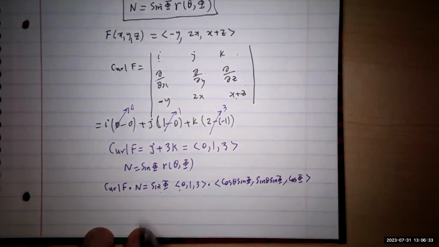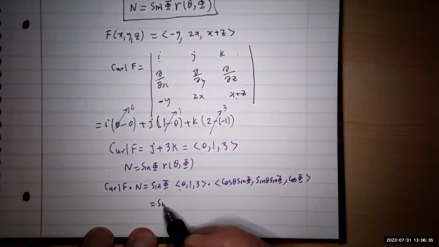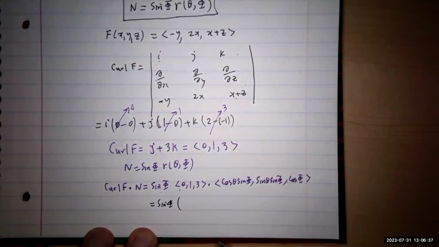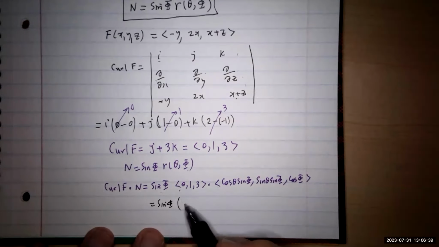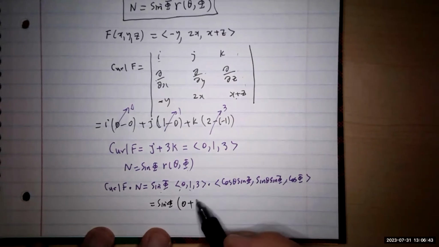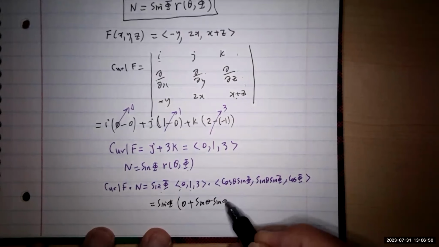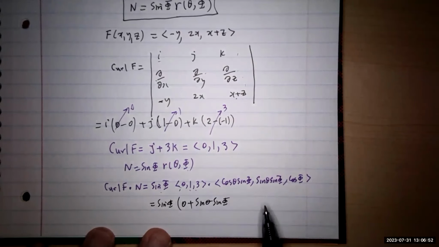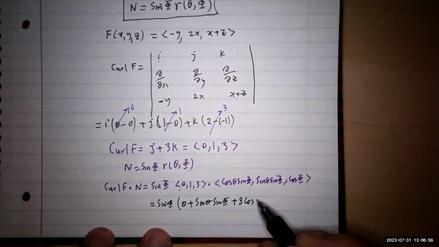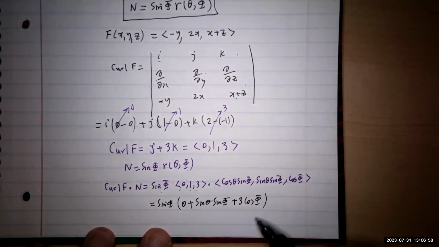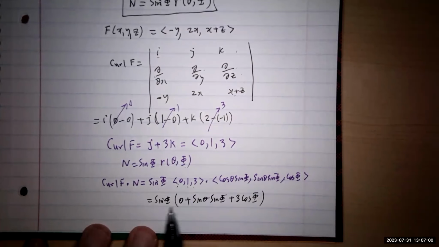If you multiply it through, that gives you sine of phi already, and the rest are numbers. This gives you 0 plus 1 times sine of theta sine of phi, and 3 times cosine of phi.